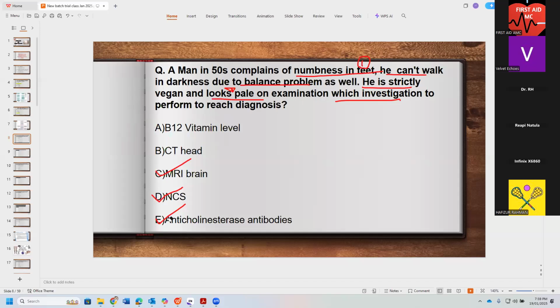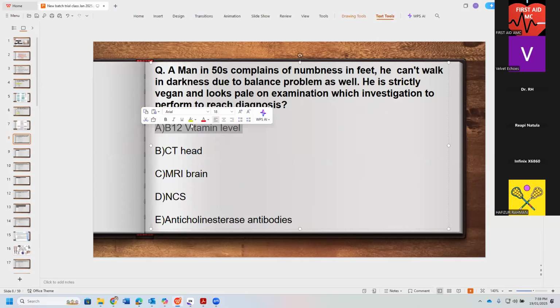As we know that in this situation, they have given a big clue about their diet and the patient being pale. So we would rule out vitamin B12 deficiency. I cannot emphasize enough how common this is in the elderly population.